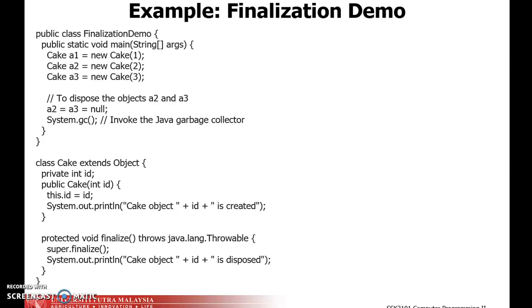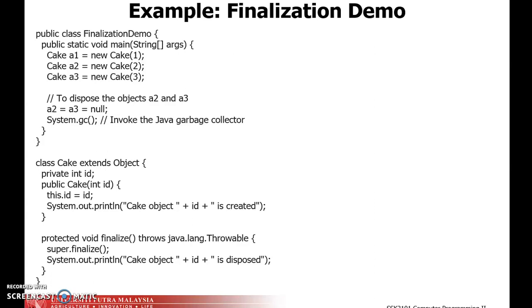After all objects were constructed, the program tries to delete two objects, which are A2 and A3, by pointing them to null. By now, A2 and A3 have become garbage.